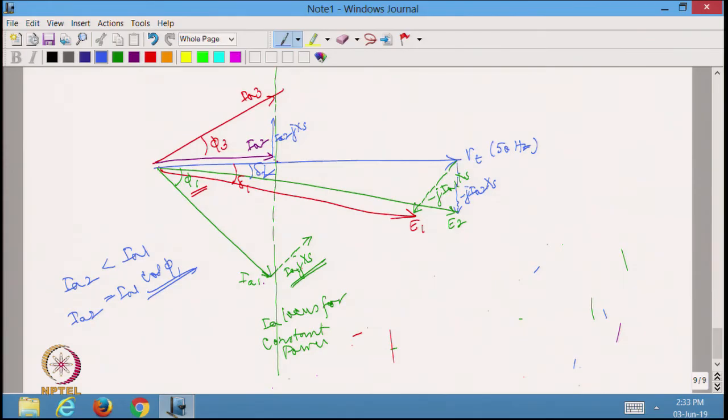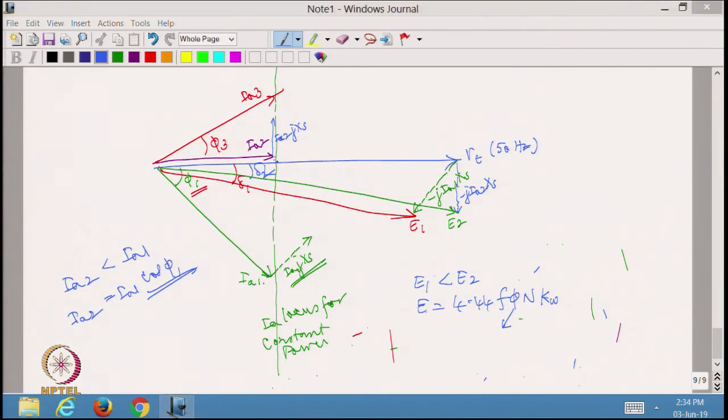Now, E1 and E2, if I compare, I said E1 is smaller than E2, but any E is equal to 4.44 f phi number of turns multiplied by kW. The only thing that could have changed is phi. So, if I write about E1, this will be phi 1, whereas if I write about E2, this will be phi 2, rest of the things being the same, right.